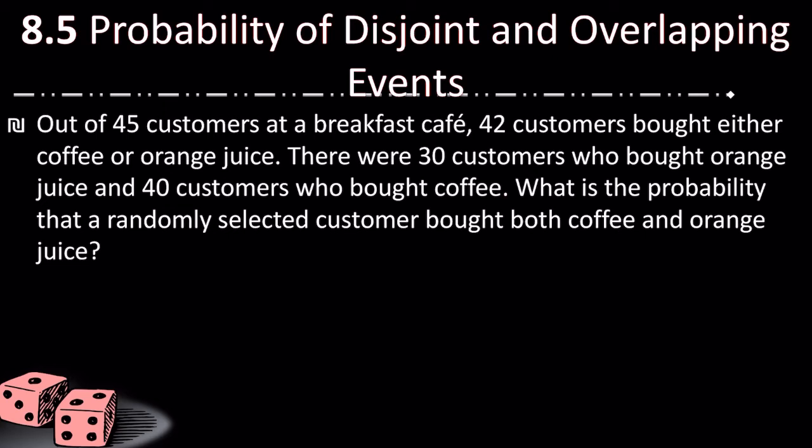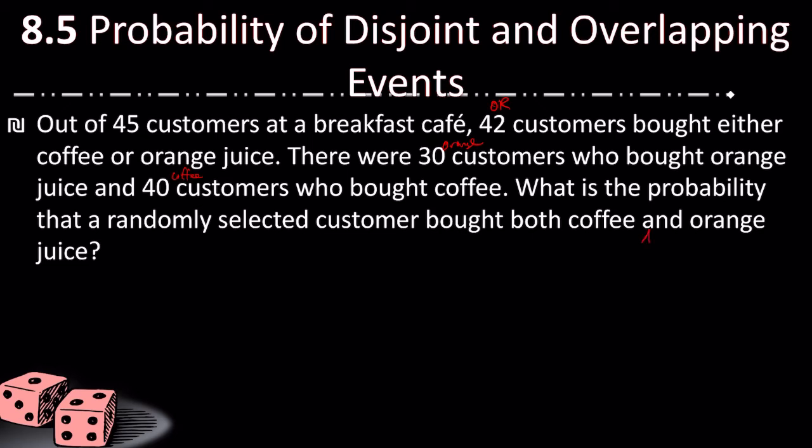Let's try another one. Out of 45 customers at a breakfast cafe, 42 customers bought either coffee or orange juice, so this is our or. There were 30 customers who bought orange juice, so this is the orange. 40 customers bought coffee, of course it's probably decaf coffee. What's the probability that a randomly selected customer bought both coffee and orange juice?